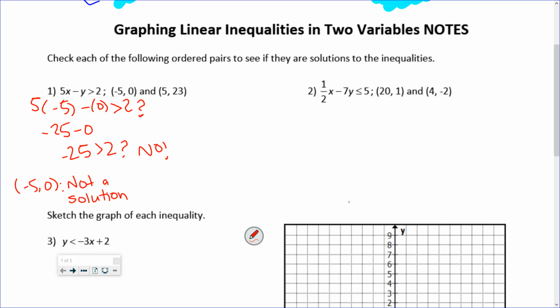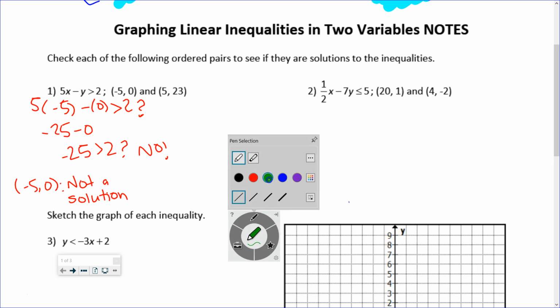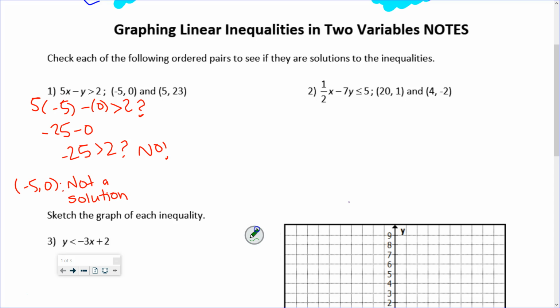Okay. Can you test if (5, 23) is going to be a solution? I want you to try that. You're going to test (5, 23) using the same equation.